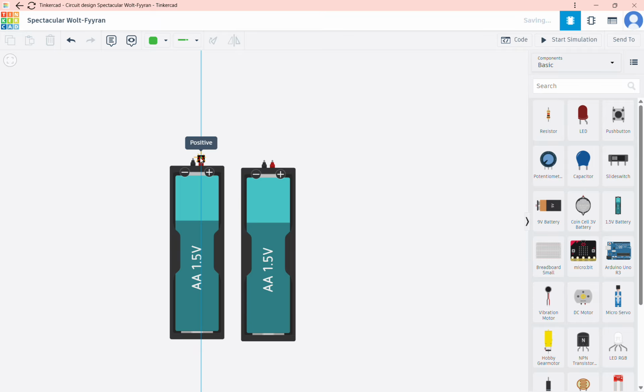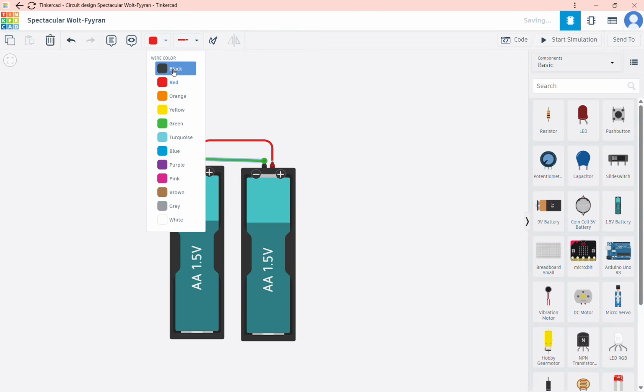So I connect the positive to the positive of the side. I make it straight enough, and I connect the negative to the negative of the side. I change the color to red, that's the color associated with positive, and then negative I change to black.